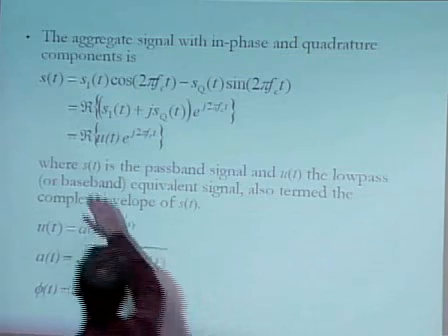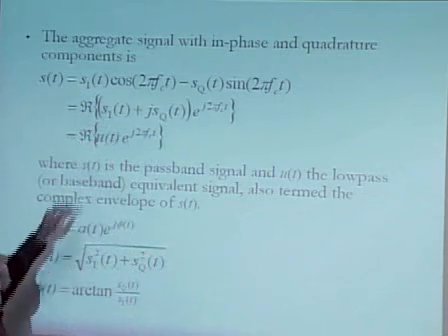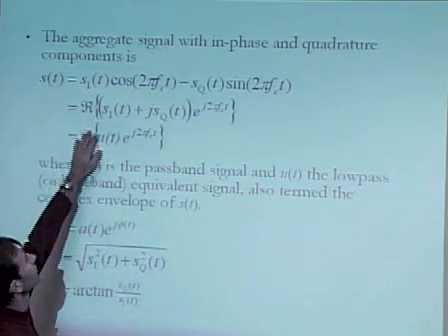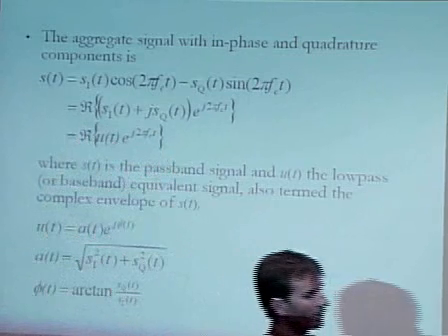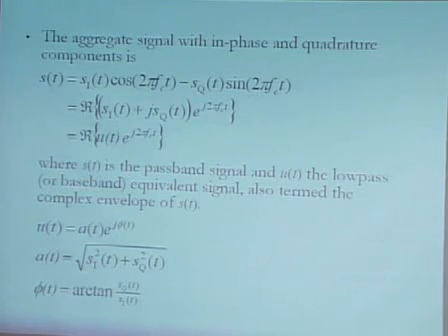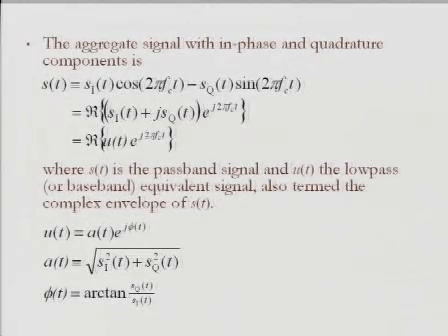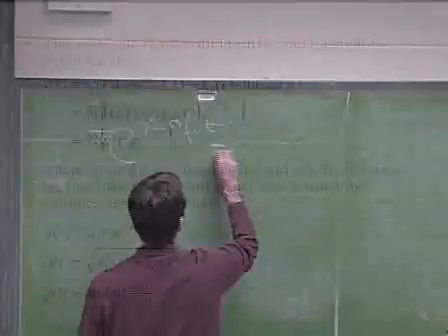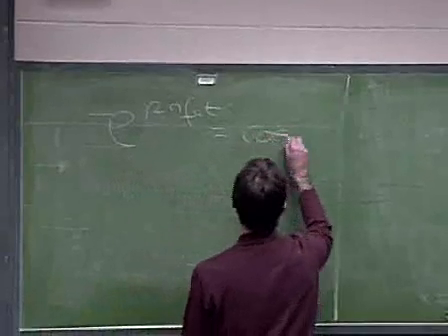Okay? So this R indicates the real part, and that's the complex exponential. I suppose that's pretty obvious to you, but just in case, I'll remind you that e to the j 2 pi fc t is equal to the cosine plus j sine.